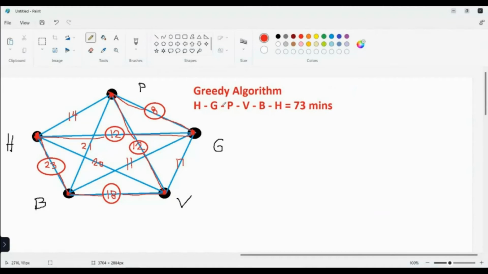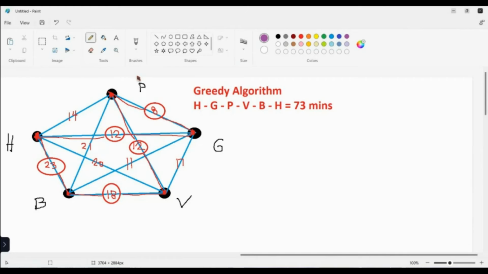Next, another algorithm used to determine a Hamiltonian circuit in a complete weighted graph, or even if the graph is not complete, possible pa rin natin gamitin yung dalawang algorithms. So let's try the edge picking algorithm. Here, there is no starting vertex yet. I want you to listen very carefully. In edge picking algorithm, there's no starting vertex yet.